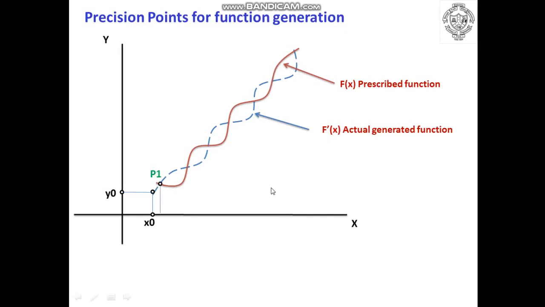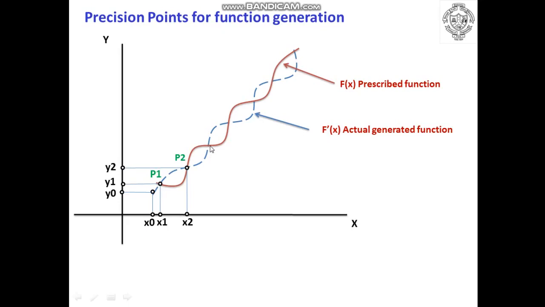The respective coordinates are x1 for the x axis and y1 for the y axis. Similarly, this point is precision point number 2, with coordinates x2 and y2.